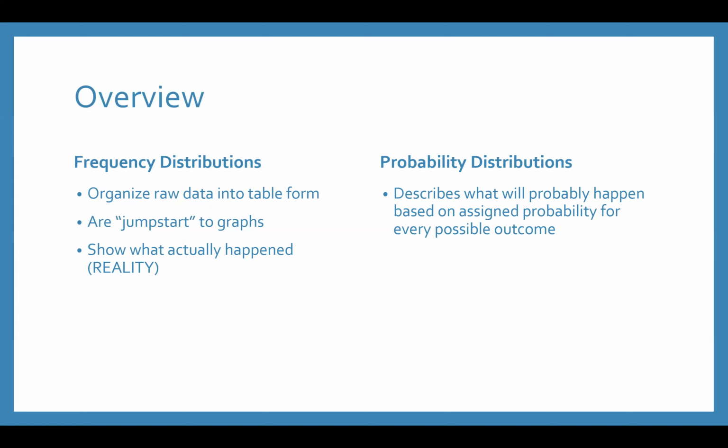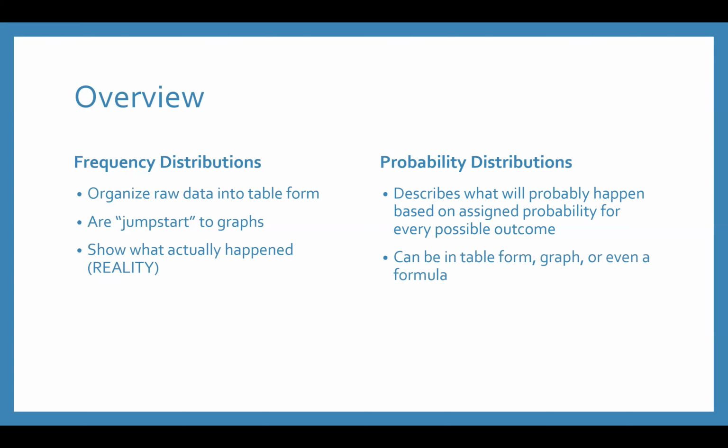A probability distribution is more of a theoretical model. It tells us what should happen if everything was working the way it's supposed to. Now, we all know in reality, everything doesn't work the way it's supposed to. So the probability distribution creates for us this theoretical model.